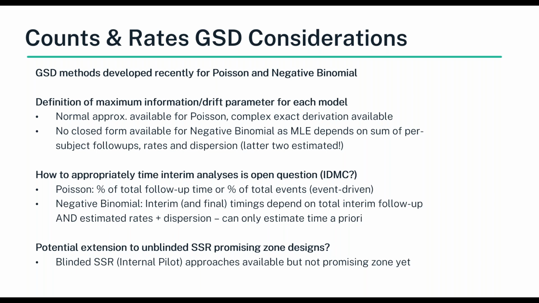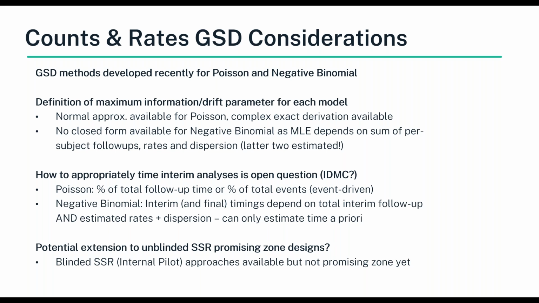Okay, so the first complication that can arise is how to define the maximum information. So for the Poisson model, the normal approximation can be used, which is relatively simple. However, Grayling et al. have published a paper which includes an exact derivation for this case, but it is relatively complex.